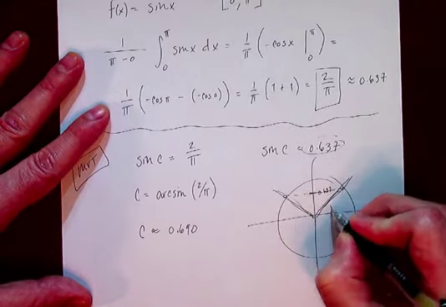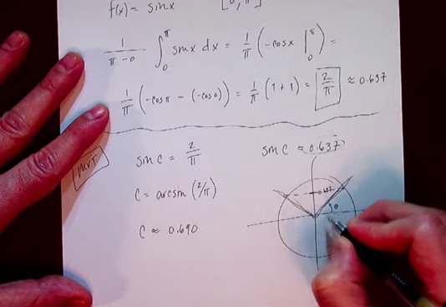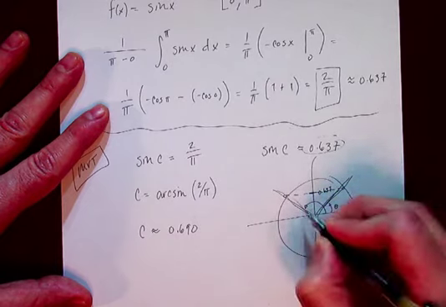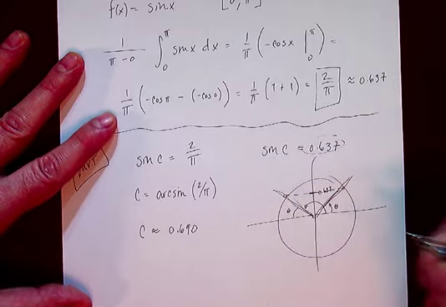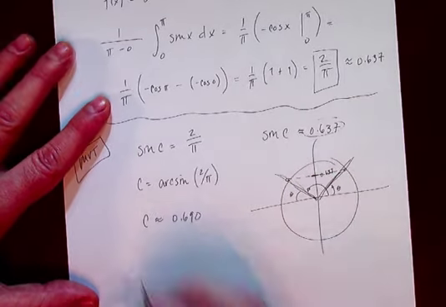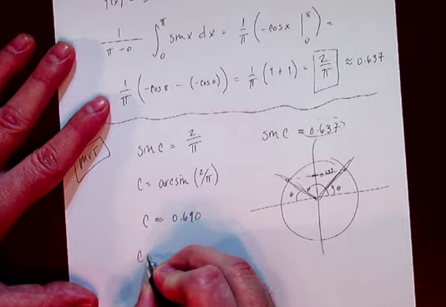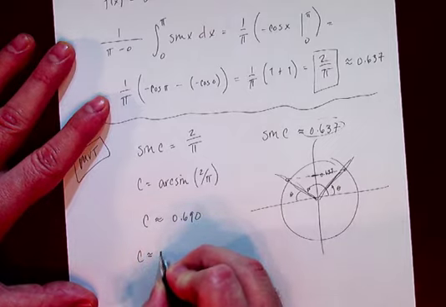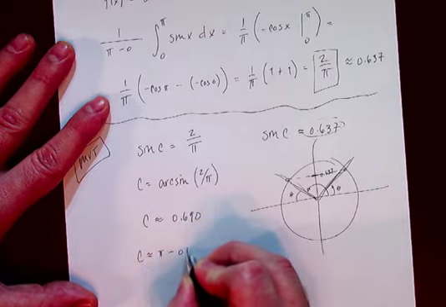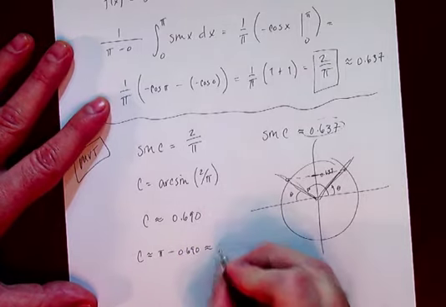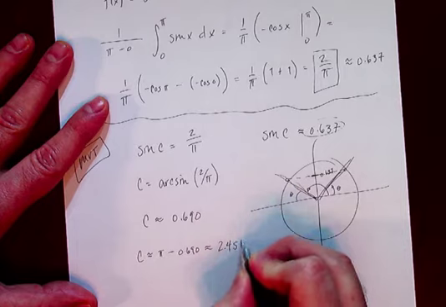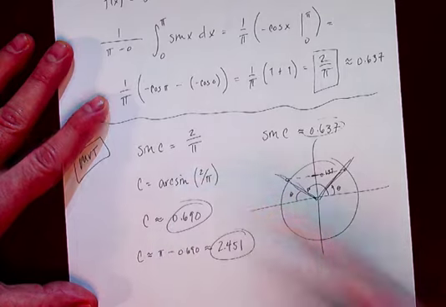And if this is theta, then this right here needs to be pi minus theta, because that also measures theta, the reference angle right there. And so our other value is going to be pi minus 0.690, which is basically 2.451, okay? So your c values are both of those.